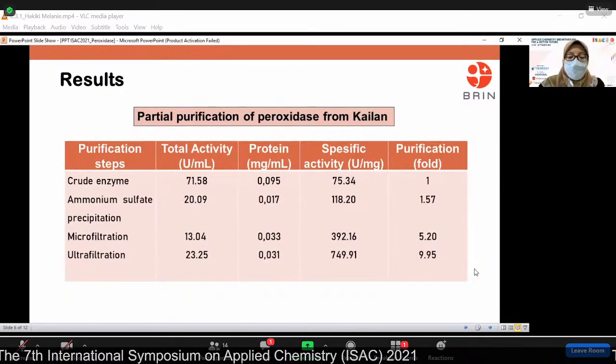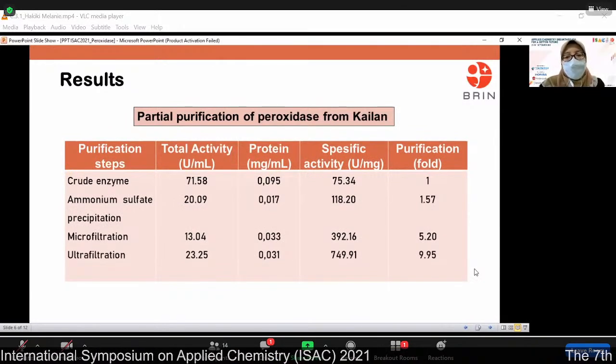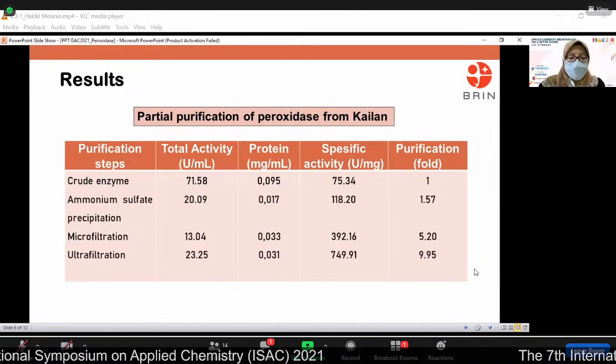Ammonium sulfate precipitation was selected as the initial purification step as it gives good separation, higher stability, and inhibits protease activity.